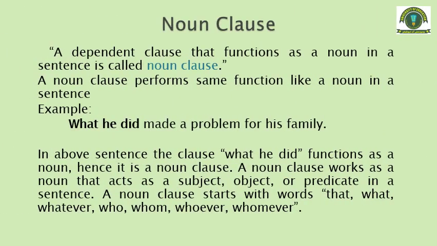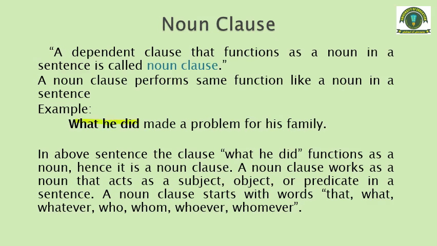So first of all, let's begin with the noun clause. These clauses are always dependent. Why are they called dependent? Because they cannot clarify their meaning, they cannot convey their meaning. So a dependent clause that functions as a noun in a sentence is called a noun clause. Now we have one example over here. What he did.